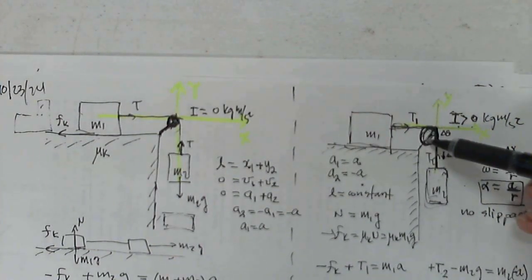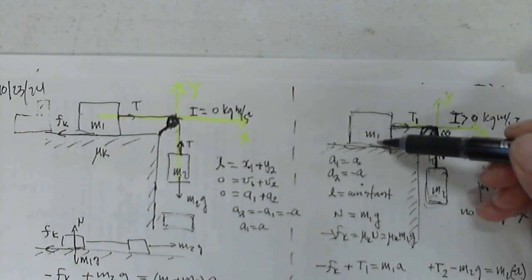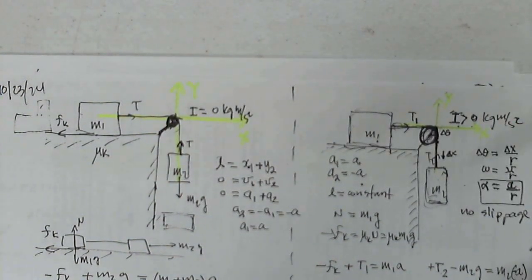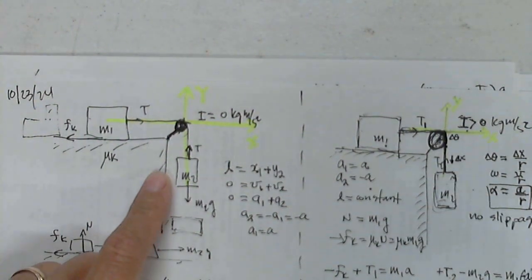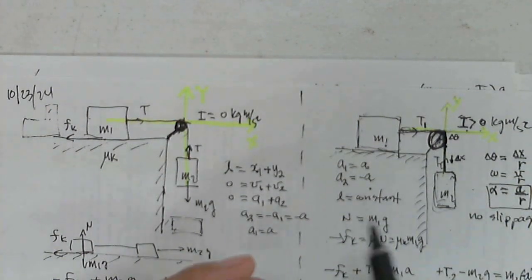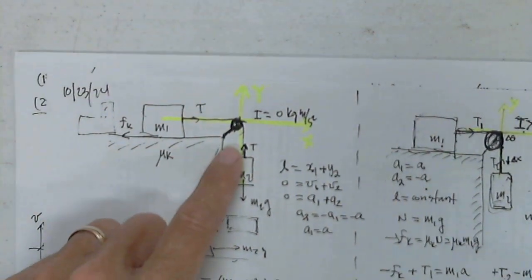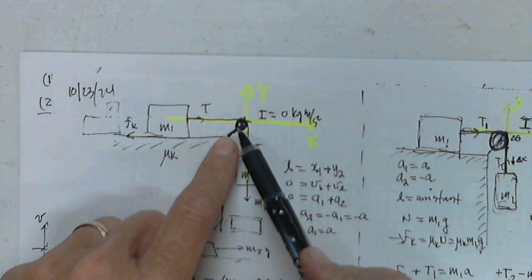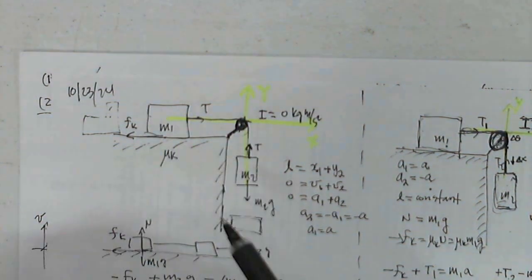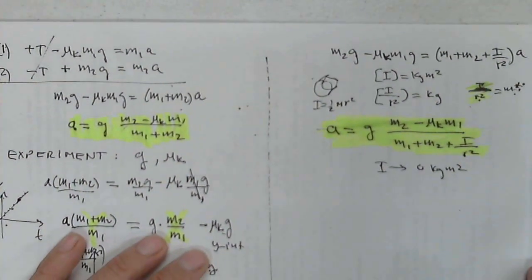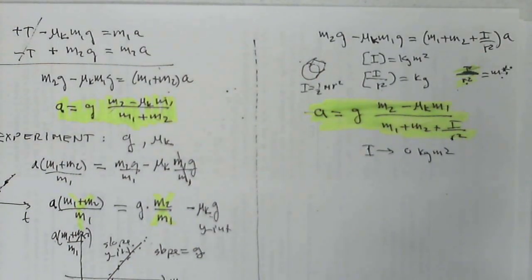But now you are moving the pulley and moving M1. So it makes sense that it's going to be less acceleration than in this case because the pulley has a mass that is now rotating. In this case, the pulley mass that is rotating is ignored, so you get a bigger acceleration if you ignore the moment of inertia.